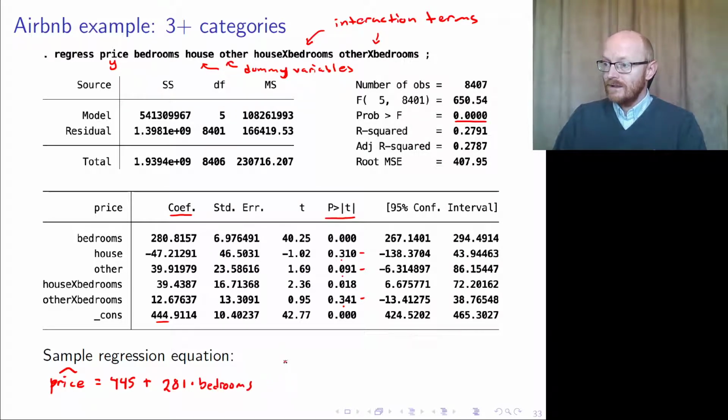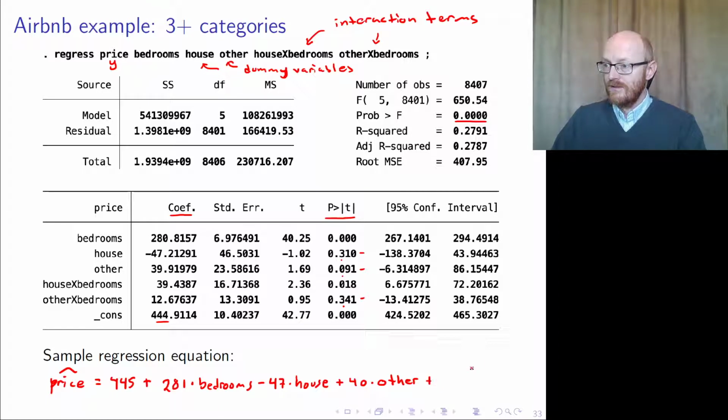Okay, and now you would go on to the dummy variables, so you would have negative 47 times house. And remember that house is a dummy variable, so it's either 1 or 0. And you would have plus 40 times other, which is also a dummy variable, so it's either 1 or 0.